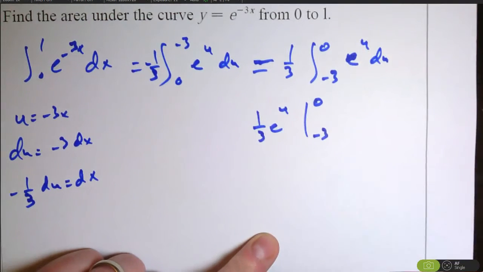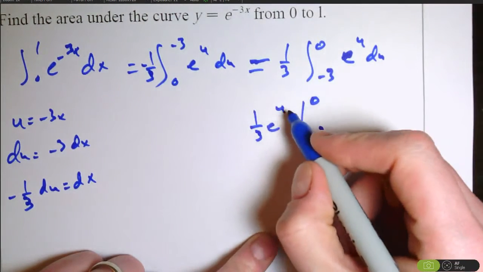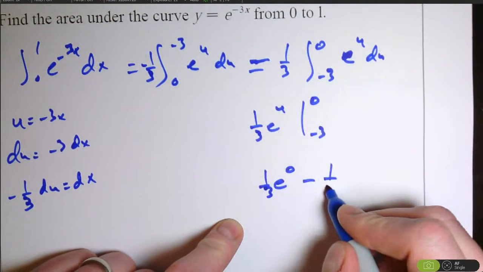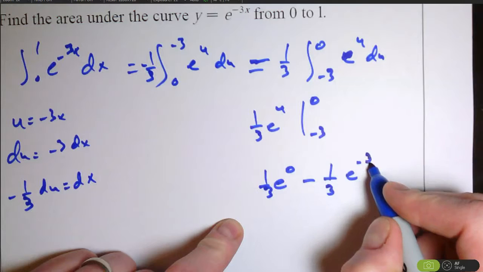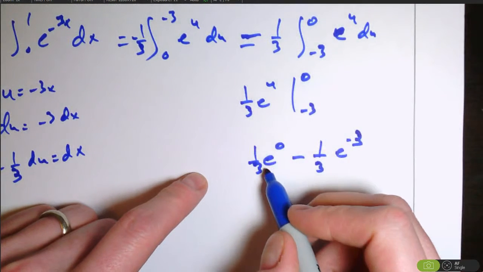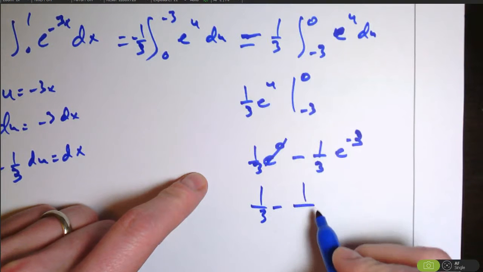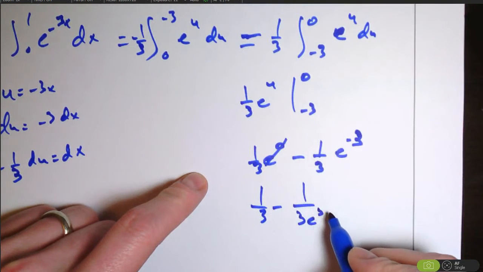Okay, so plug in 0. That's going to be 1/3 e to the 0 minus, plug in negative 3, e to the negative 3rd. Well, 1/3 times e to the 0, that's just 1/3. So it's 1/3 minus 1 over 3e cubed.